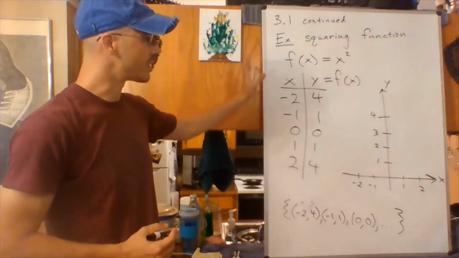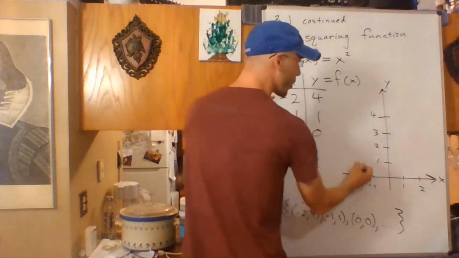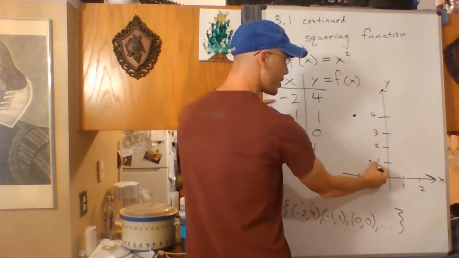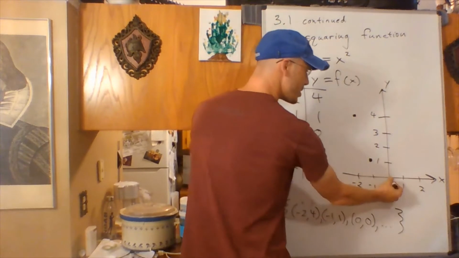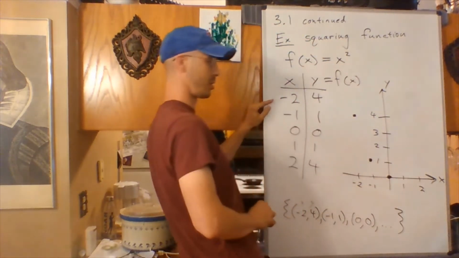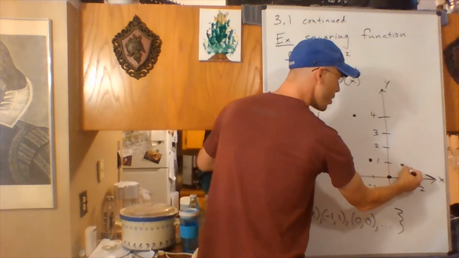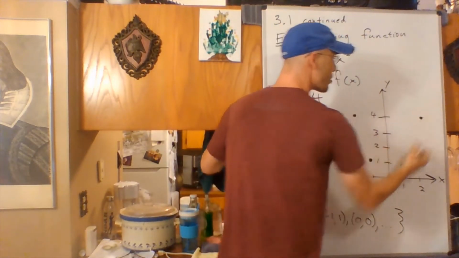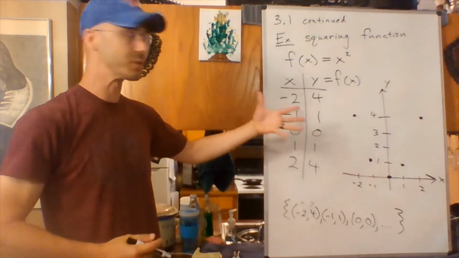So that'll be enough to get these points. -2, 4 is here, -1, 1 is here, 0, 0, 1, 1, and 2, 4.